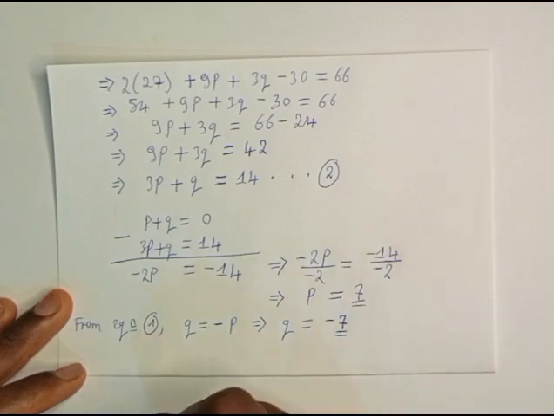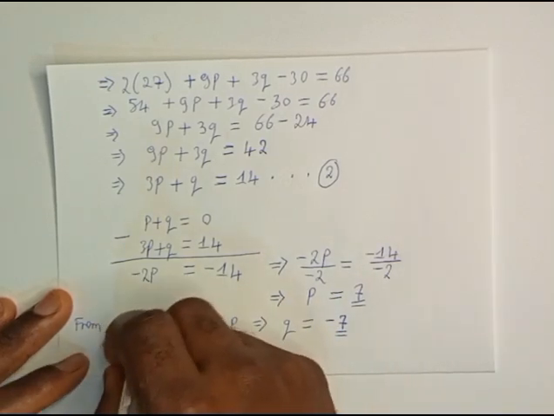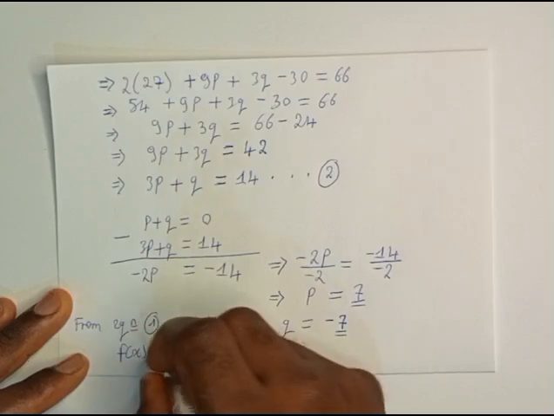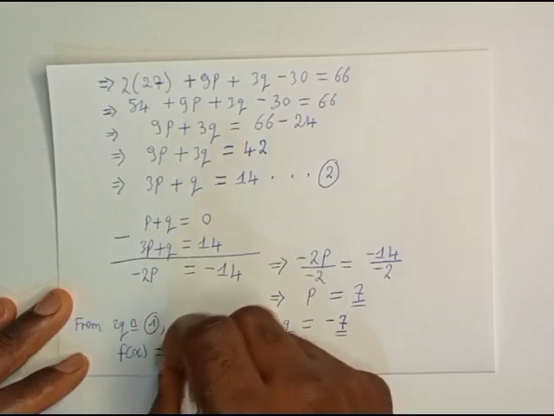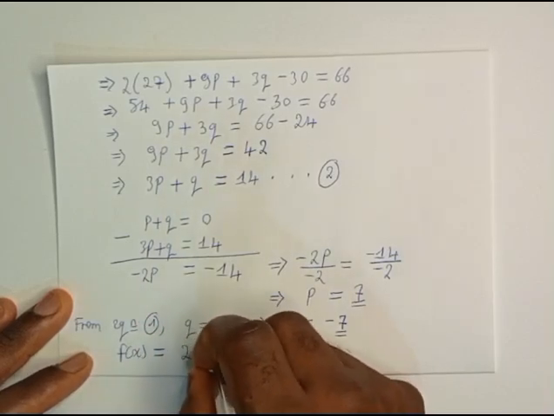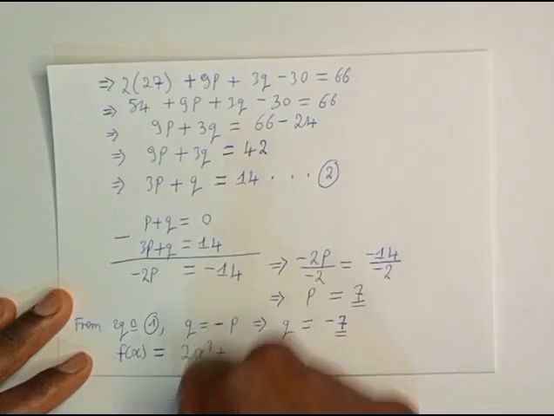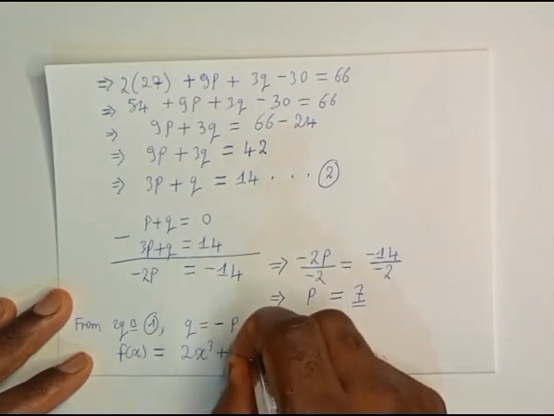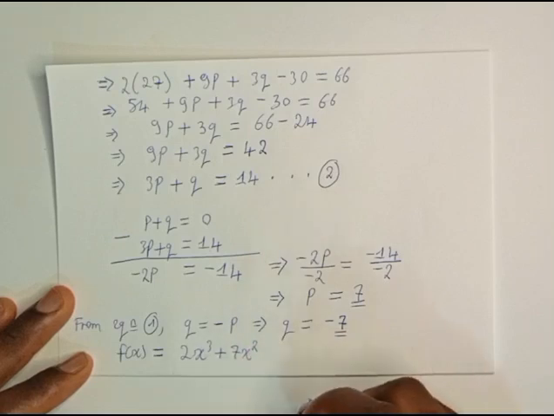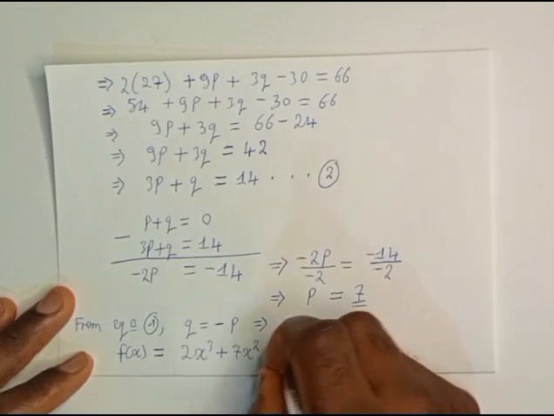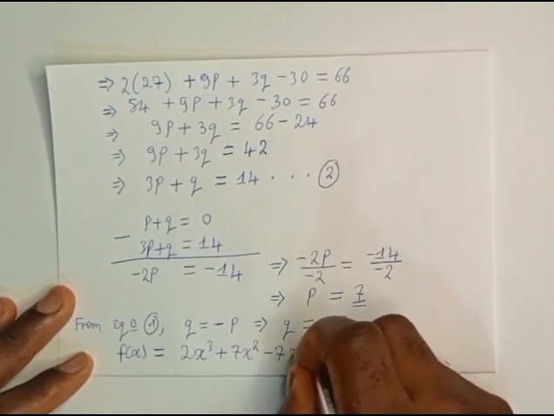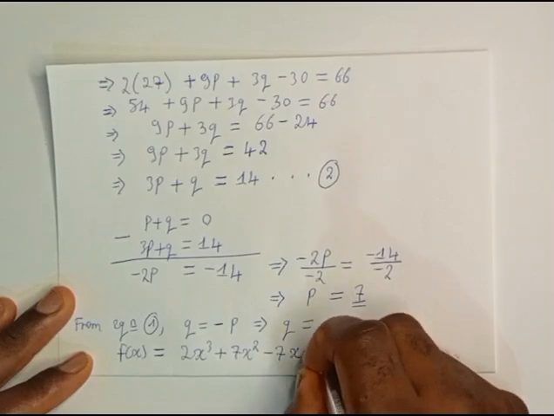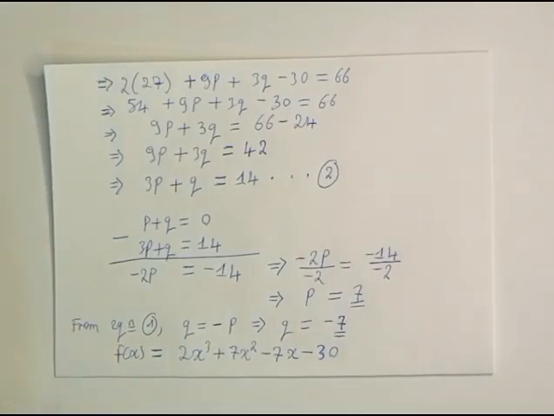We can write down the polynomial. Our polynomial f of x will simply be equal to 2x cubed plus 7x squared, plus qx which is minus 7x, minus 30. This is the polynomial f of x.